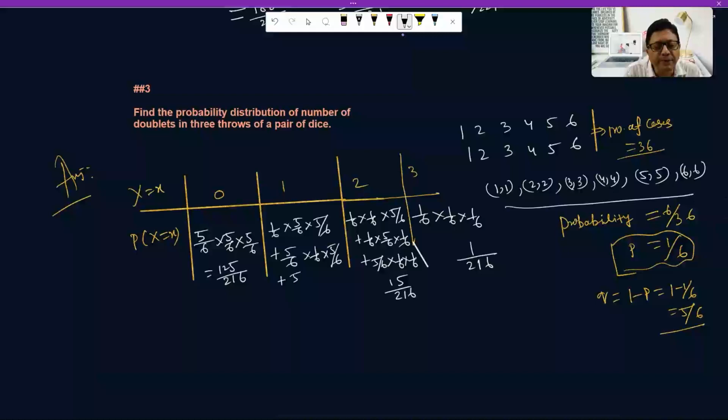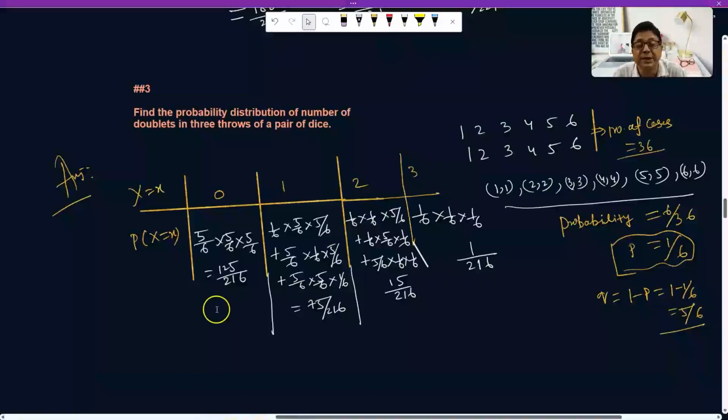So there may be 5 by 6, 5 by 6, 1 by 6. So it is 75 by 216. So what is the sum of these probabilities? This plus this plus this plus this, it is going to be equal to 1. Clear? And no probability is less than 0 or greater than 1. So it is a probability distribution in the given example.